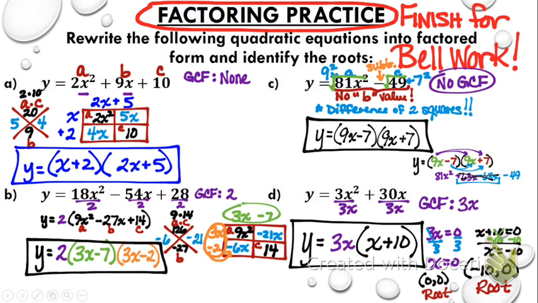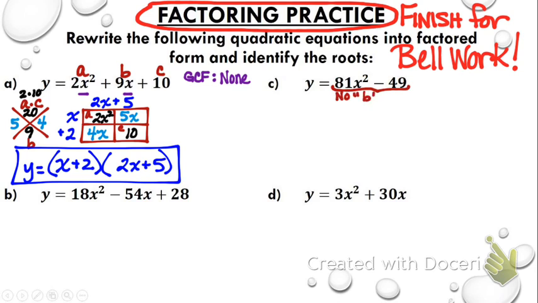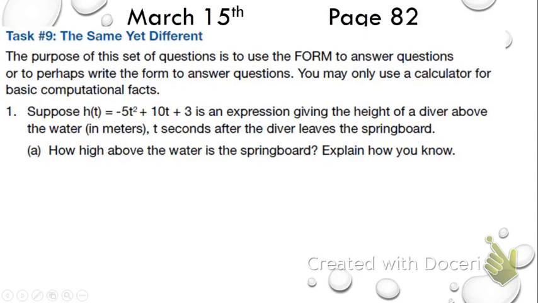All right, I want you to go in your books now to page 82. We're going to look at a task called the same yet different. I want to say there's 5 questions total over 3 pages.